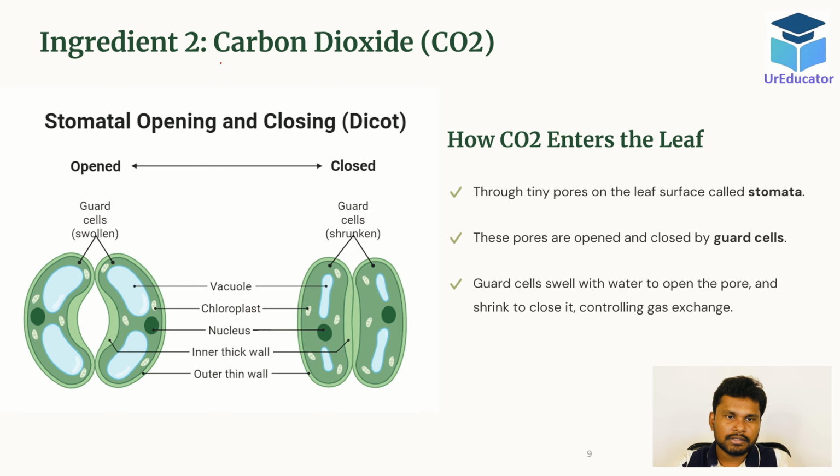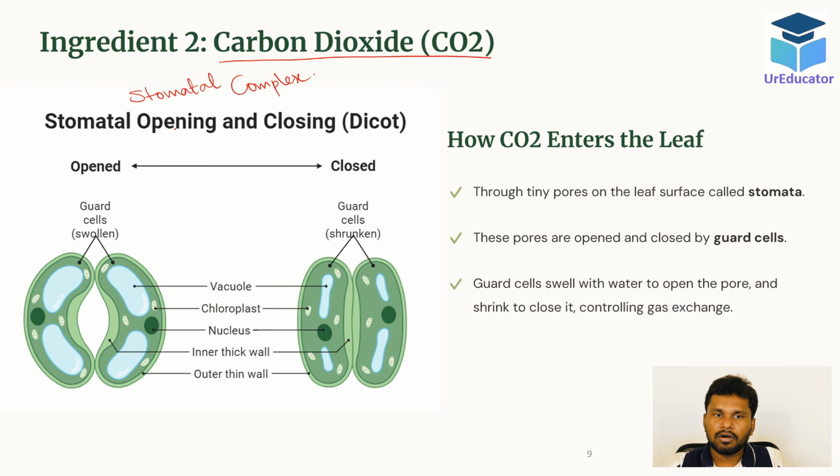Ingredient 2, which is carbon dioxide. So this carbon dioxide will be absorbed by the help of another plant part, which is the stomatal complex. Stomata will have a lot of components in it, and all of them together are called the stomatal complex.